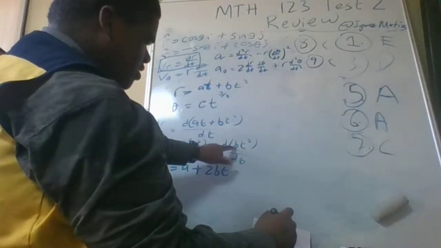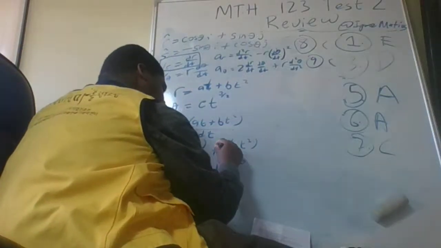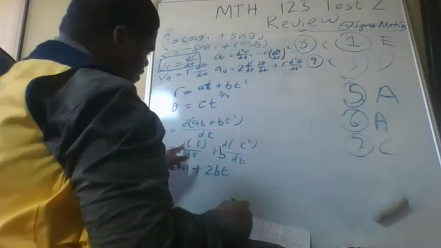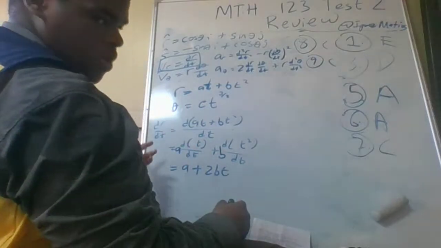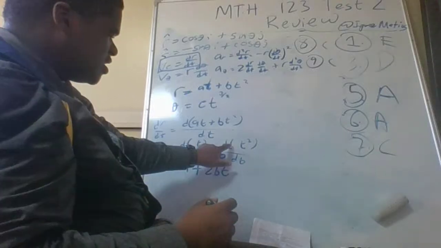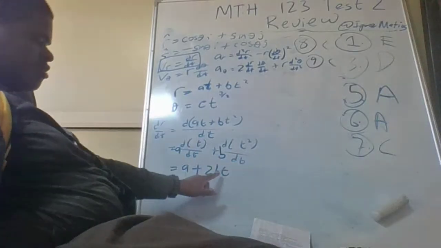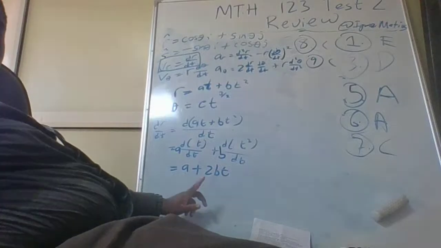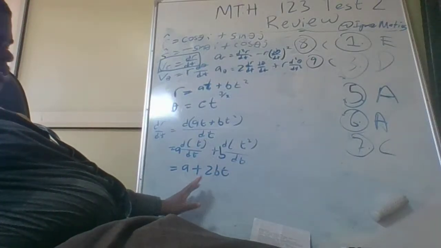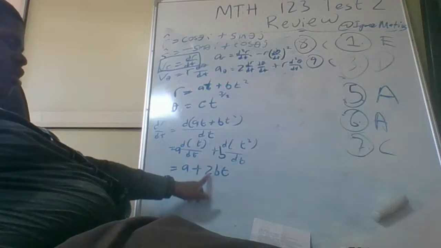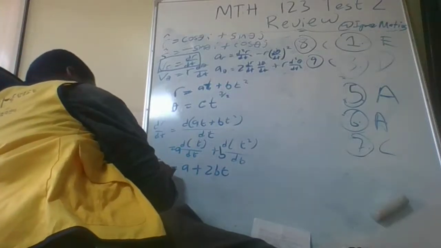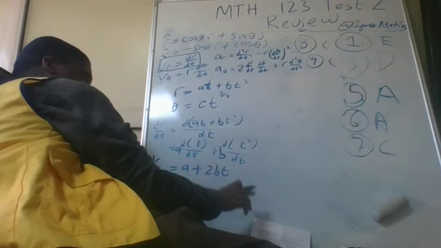Remember, b and a are constants, so you can just factor them out. The derivative of t with respect to time is just 1, and the derivative of t squared is 2t, so 2t times b will be 2bt. So dr/dt is equal to a plus 2bt.